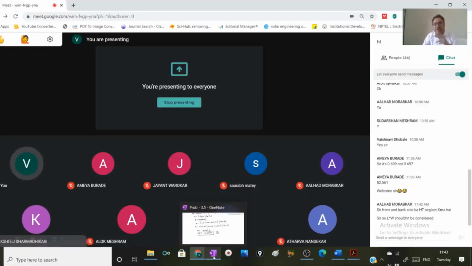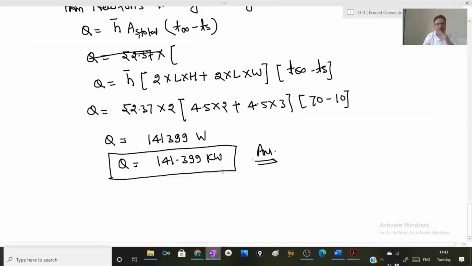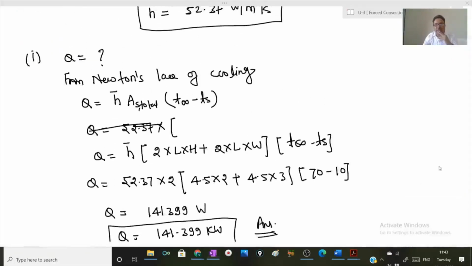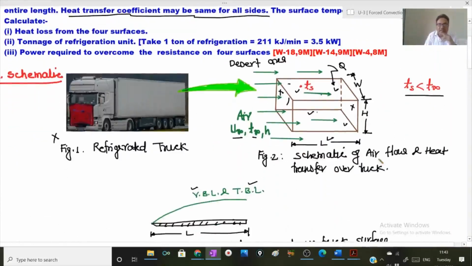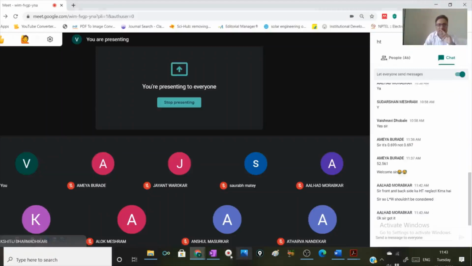That area will be W into H. Refer this diagram. The area which I am neglecting, this front and back, is W into H. L into W means this is the L, this is the W, and L into H means this is the L, this is the H. Got my point? Yes, thank you.